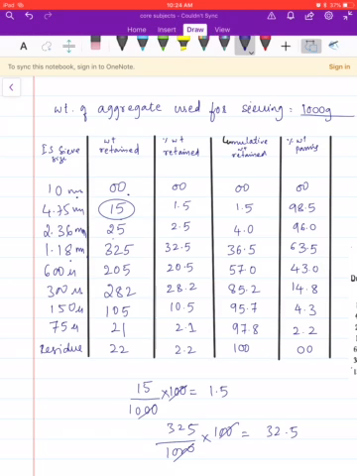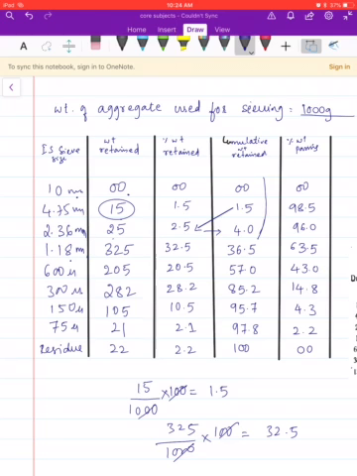In 2.36 mm you have to add these two values, 2.5 plus 1.5, which gives 4.0. That is the cumulative weight retained up to 2.36 mm, which is 4.